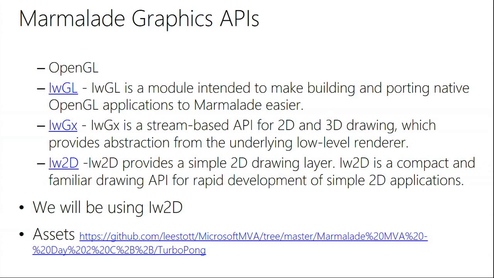Marmalade supports a number of different APIs, all of which are at different levels in the stack. OpenGL, or OpenGL ES, is supported, and that's the lowest level in the stack. Marmalade provides support for it, but it doesn't have as many features around it. It is just an OpenGL layer, and I think you can only use 2.0 if you want to target Windows Phone 8 and Windows.